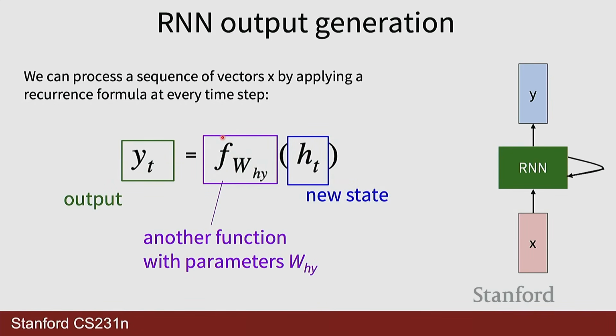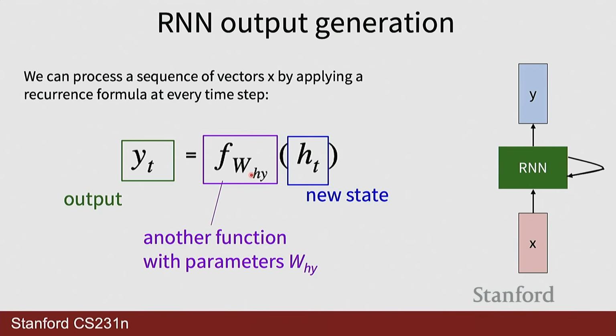So basically, as I mentioned, this is a recurrence formula. And to get the actual output, how do we calculate this blue block? We have a separate function that depends on a separate set of parameters that convert our hidden state into the dimension of our output. It's a set of weights to convert the hidden state to the output. So this does two things. It changes the dimension of our vectors from the dimension size of our hidden state, which can be whatever we want, to the dimension size of our output, and it also provides a transformation there.